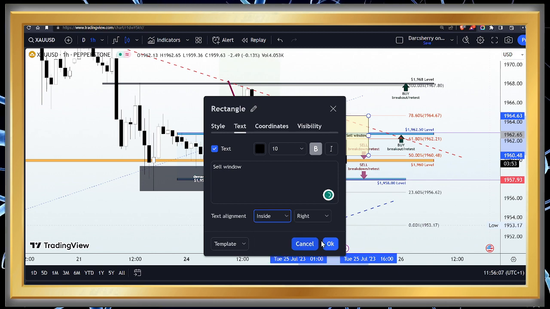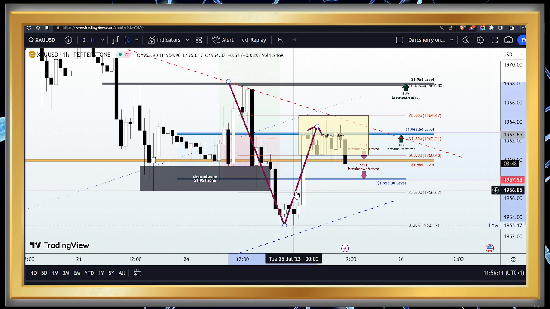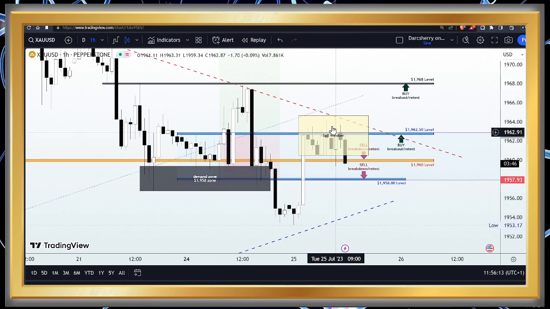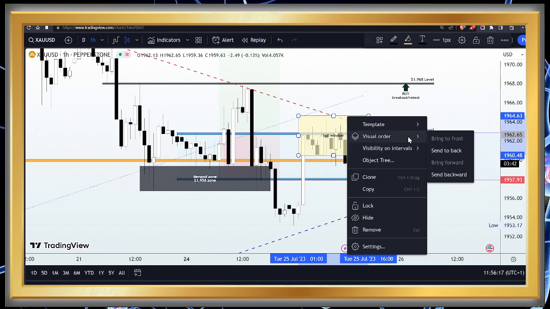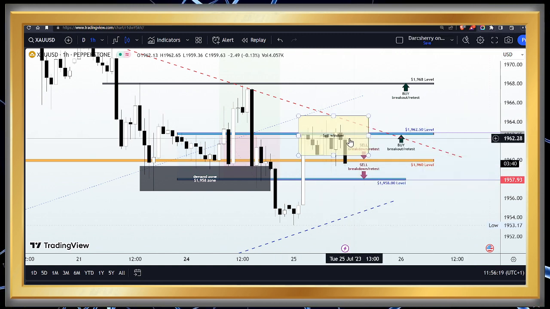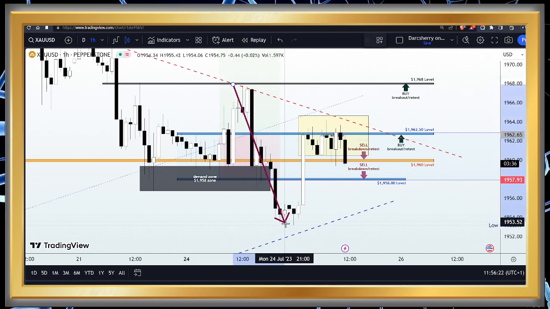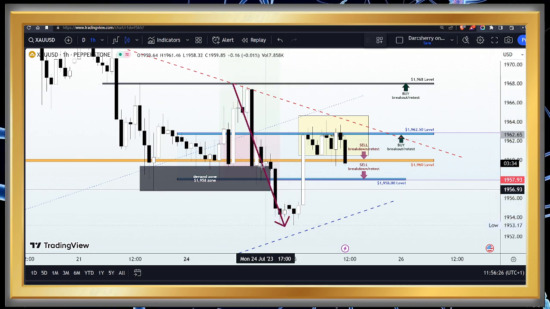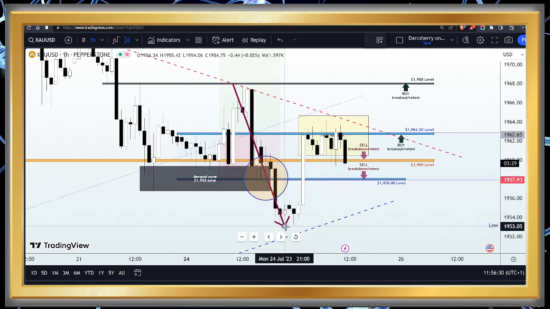So let's label this area, place it right inside that box. What we are going to be doing here is to see if there are structures or patterns that will support a reversal within this area. So we are going to be looking out for something like this. Since we already have the breakdown of that demand zone, a retest of structure is what we are looking at to sell.